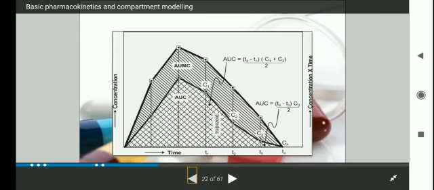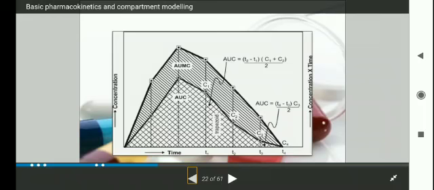And here you can see these trapezoids. Hope you know what a trapezoid is. You have determinations regarding plasma drug concentrations and all, that is AUCs. AUC can be calculated by using the trapezoid method or paper cutting method and all.